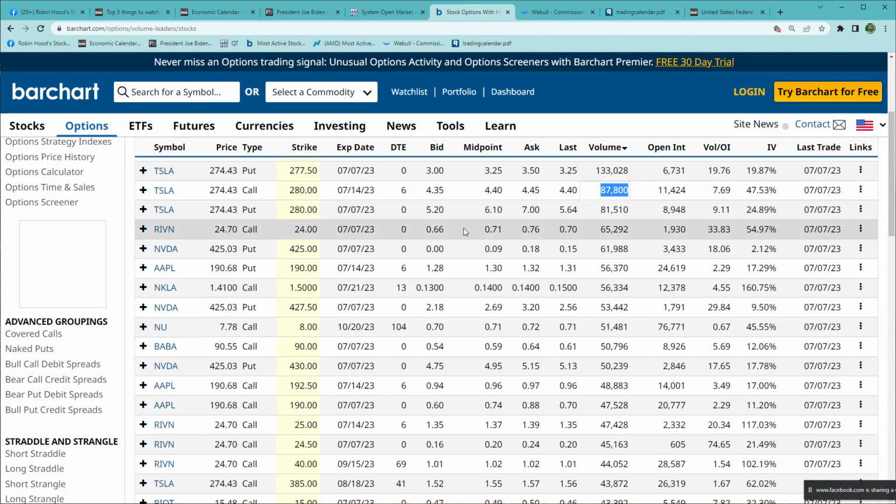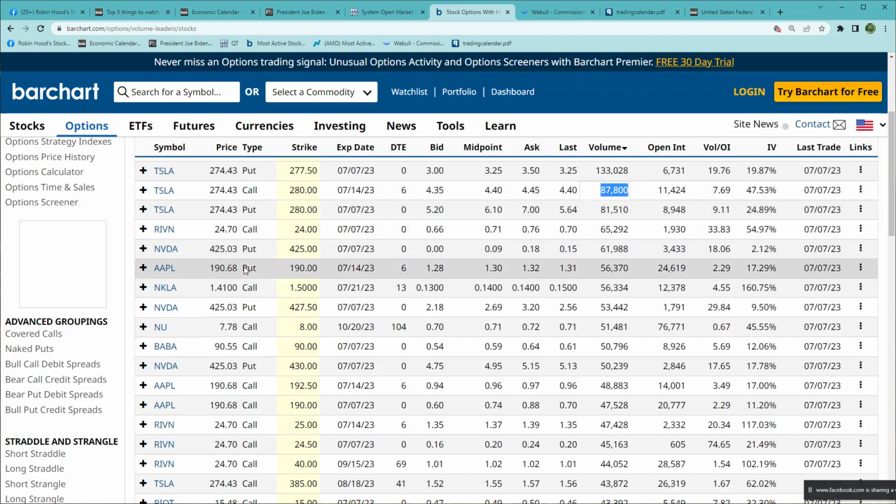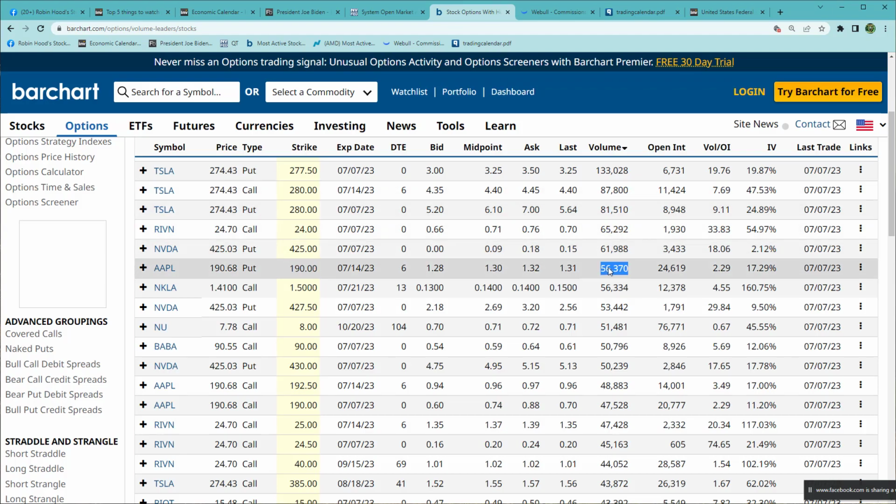Especially right before close on Friday, this is telling us that investors are anticipating that Monday is going to open in the green. Because if they were anticipating it was going to open in the red, they'd be buying puts, not calls. Though we do have an Apple put right here, which still has a lot less volume than the Tesla, at 56,000.